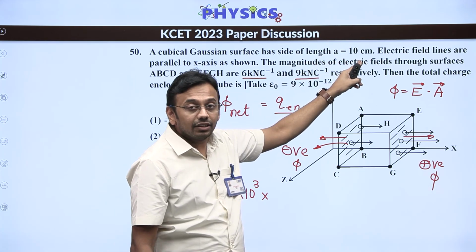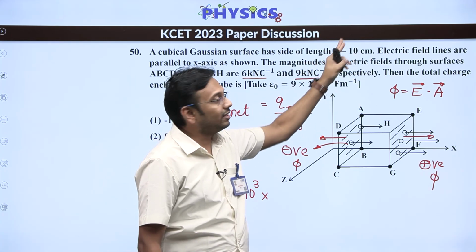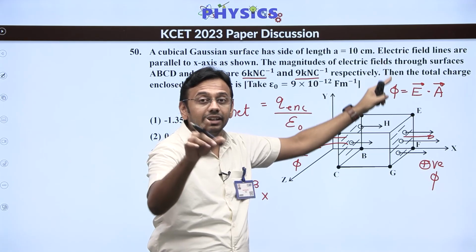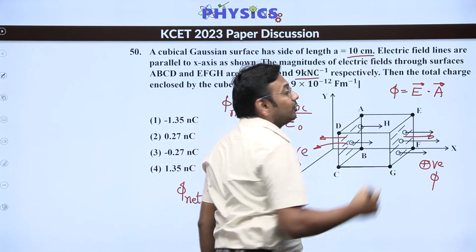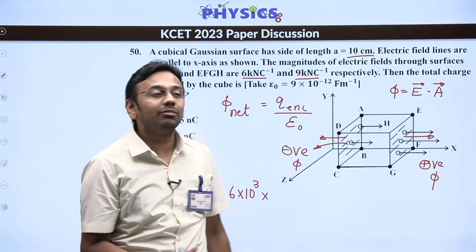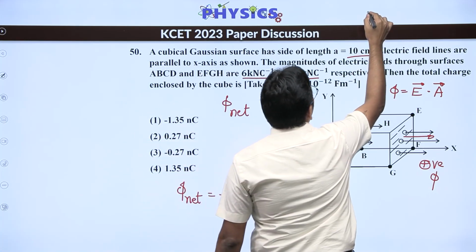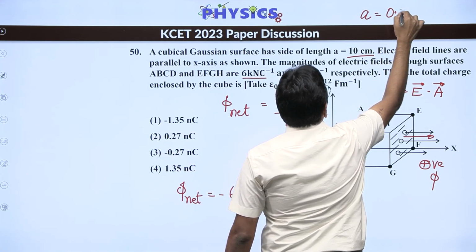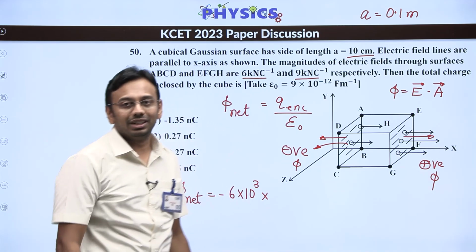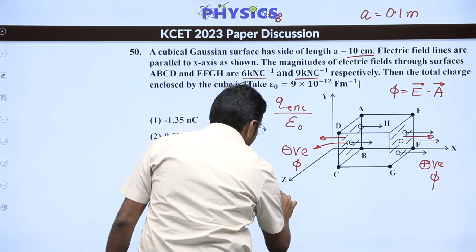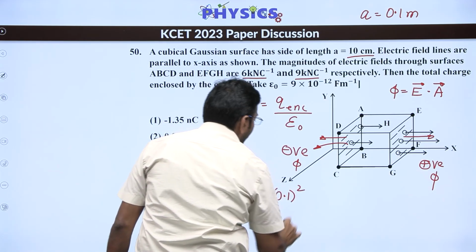Edge length is given, so A square will be the area, but again we have to be careful about the unit. It is given as 10 centimeter, so in SI unit that is 0.1 meter. So this into 0.1 whole square.